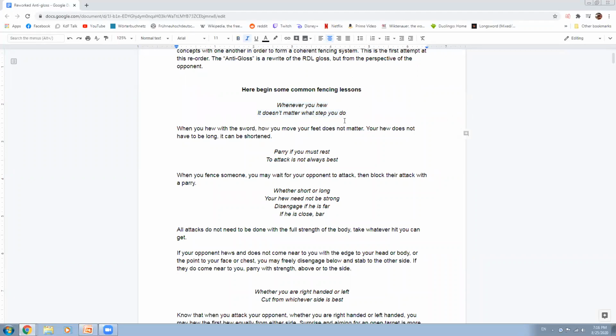To start off, we have the common lessons, and basically they are just the opposite of the common lessons from the glosses. So first, when you hew with the sword, how you move your feet doesn't matter. Hew doesn't have to be long, it can be shortened. That's the opposite of hew with a passing step.